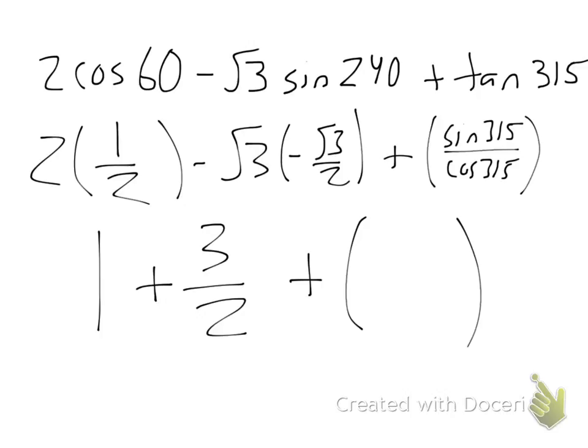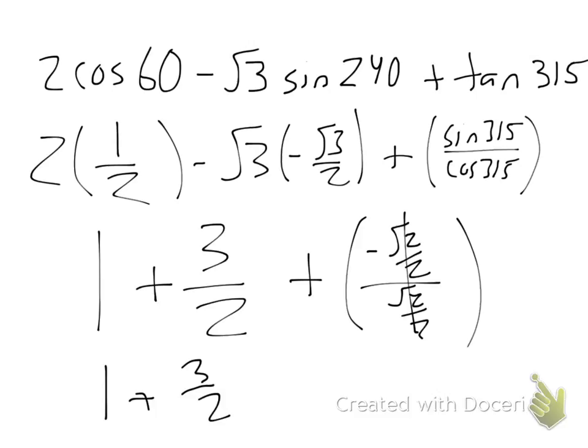Negative square root of 2 over 2 over square root of 2 over 2. Actually, that ends up being not 1, but -1. So you get 1 plus 3/2 minus 1, which ends up being 3/2. Done.